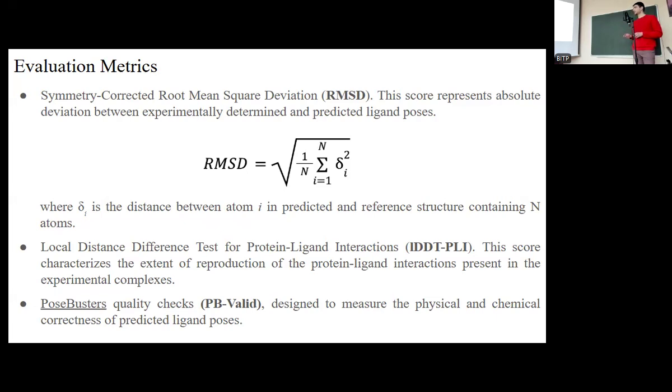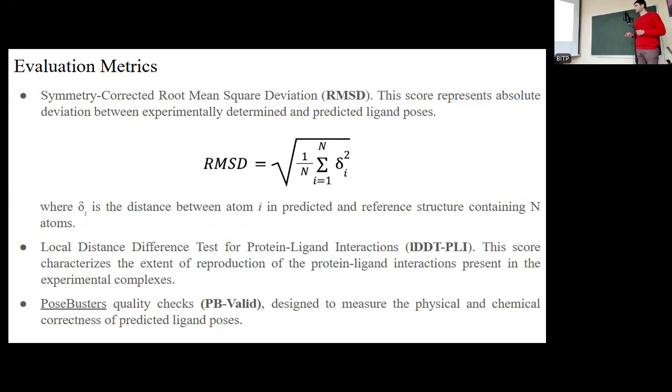Another accuracy estimate is the local distance difference test for protein-ligand interactions, LDDT-PLI. Generally speaking, it represents the fraction of interatomic contacts in the predicted protein-ligand complex that are correctly reproduced, since we know which contacts we expect from the experimental structure.